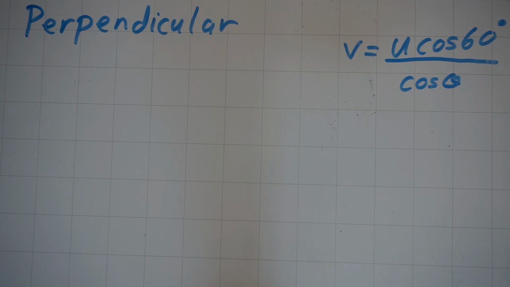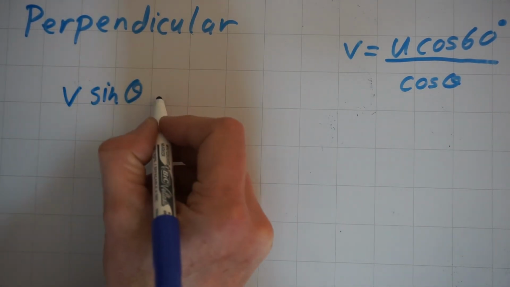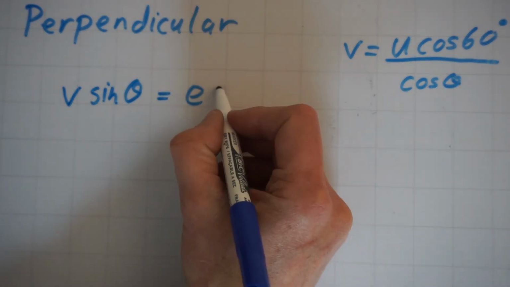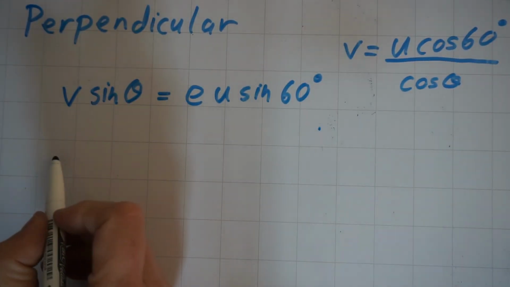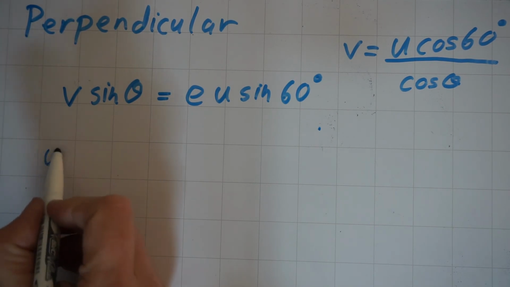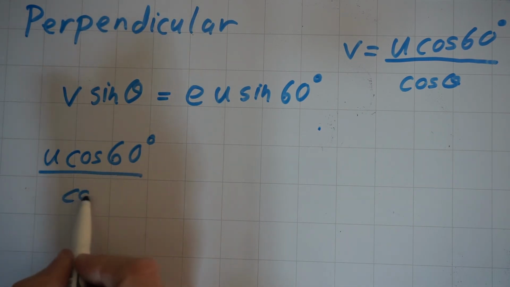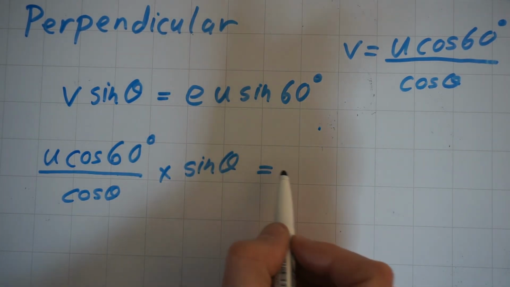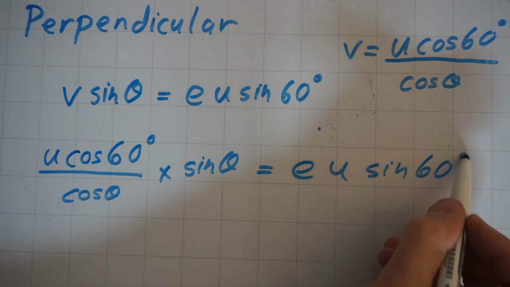Now we can consider the motion of the ball perpendicular to the wall. V sine theta will be the component perpendicular to the wall after the collision, and that will be equal to E times U sine 60, and we get U cos 60 divided by cos theta times sine theta equals EU sine 60.